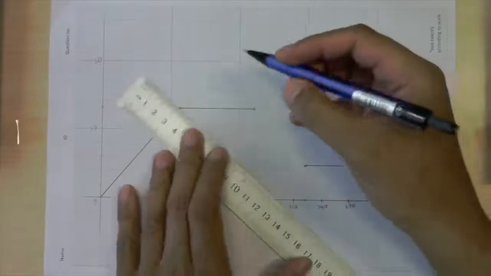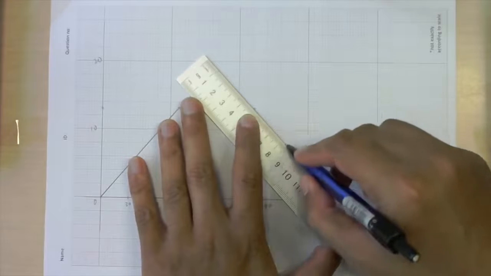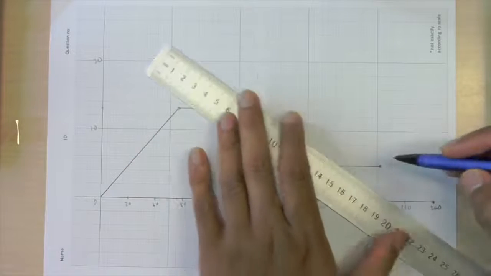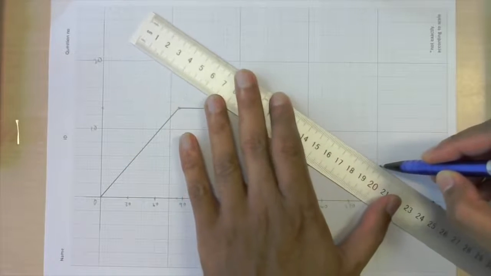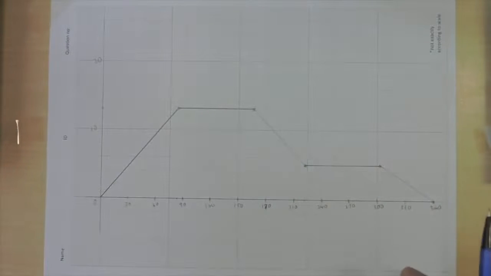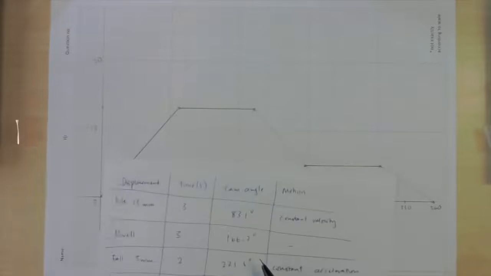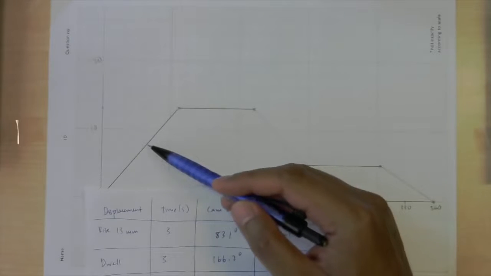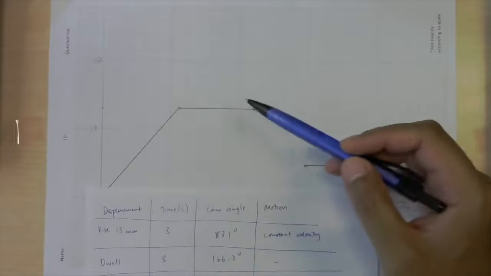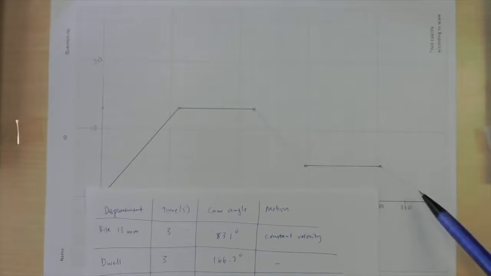Okay, but this one we need to create into a thin line first as a guide. So this part is constant velocity. Okay, dwell, constant acceleration, dwell, and then constant acceleration.